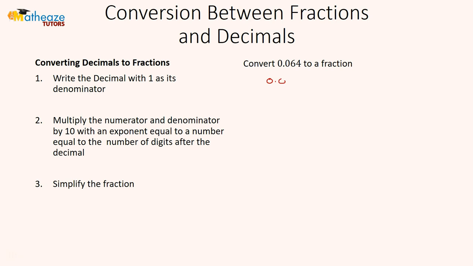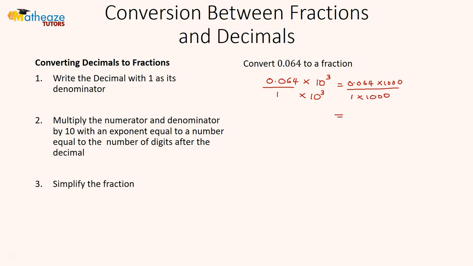0.064. First step is make 1 its denominator. Then we're going to multiply by 10. Count the number of decimal places: 1, 2, 3. 10 to the power of 3 multiplied by 10 to the power of 3, which is going to give us 0.064 times 1000 divided by 1 times 1000.